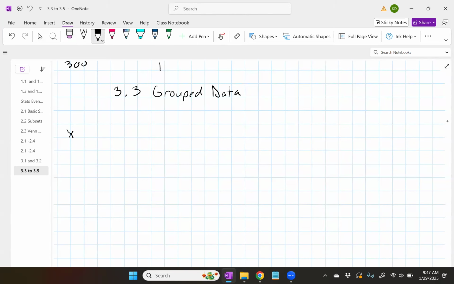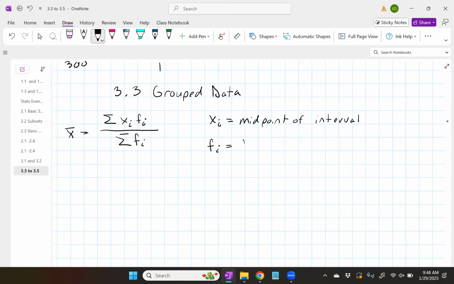So our mean is the sum of xi, fi, all over the sum of fi. xi equals the midpoint of the interval. f sub i is the frequency of the same interval.